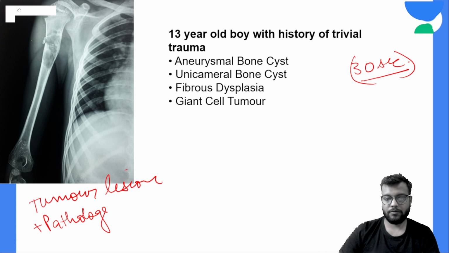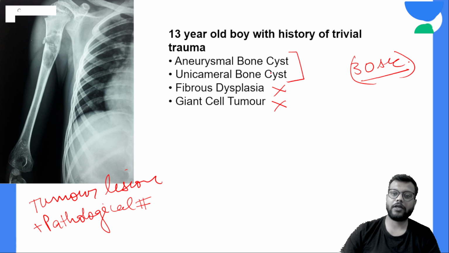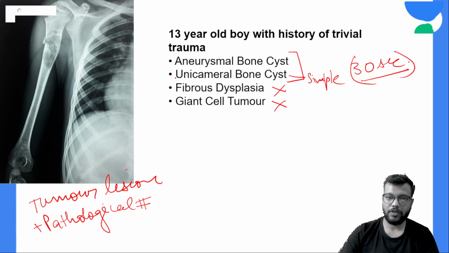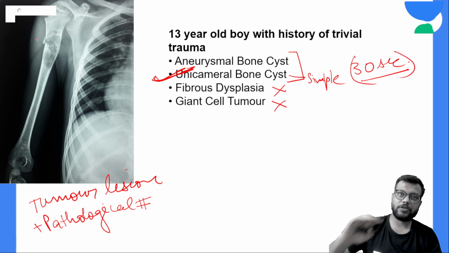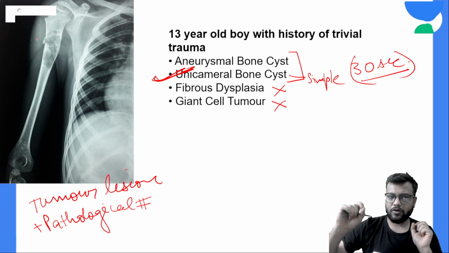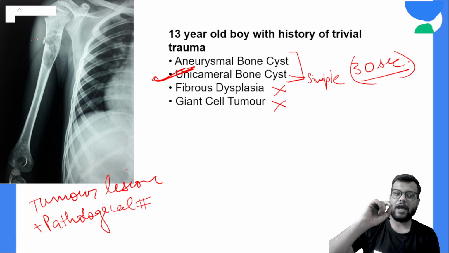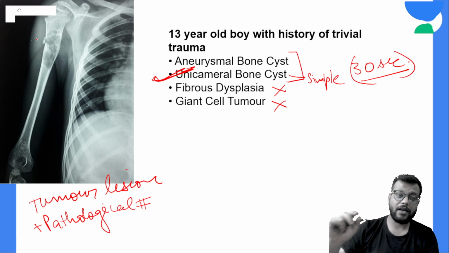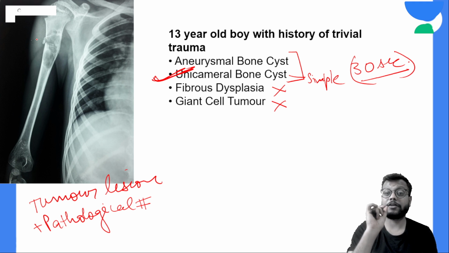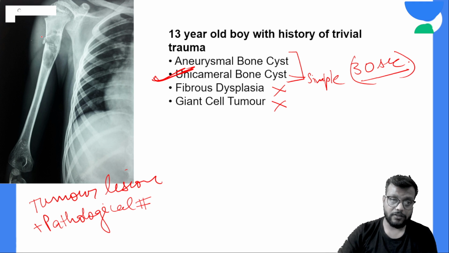Pathological fracture. So it is not fibrous dysplasia, nor giant cell tumor. So either you will be confused between unicameral, also called the simple bone cyst, or the aneurysmal bone cyst. So it is unicameral bone cyst, because aneurysmal bone cyst may have a more loculated appearance, and more wide. And here you can see a characteristic feature of this simple bone cyst or the unicameral bone cyst, that is your fallen fragment sign, okay.